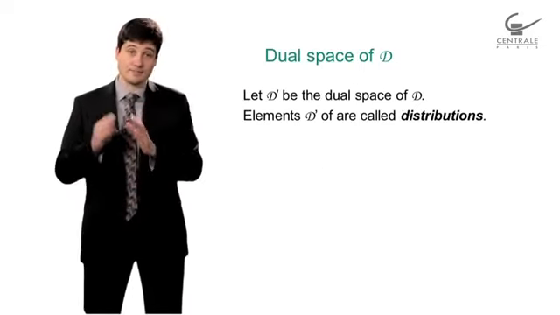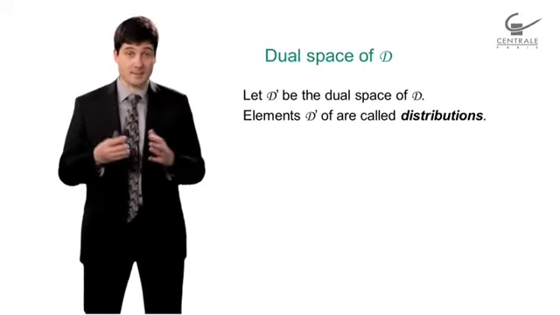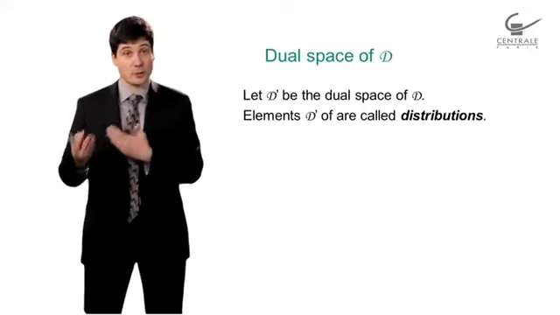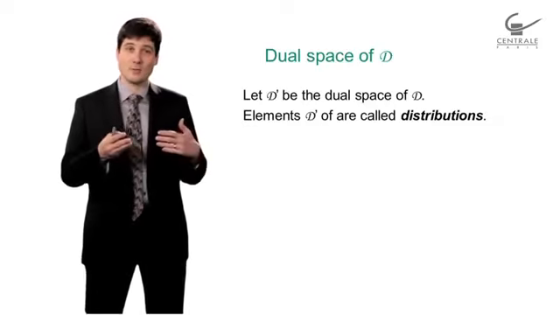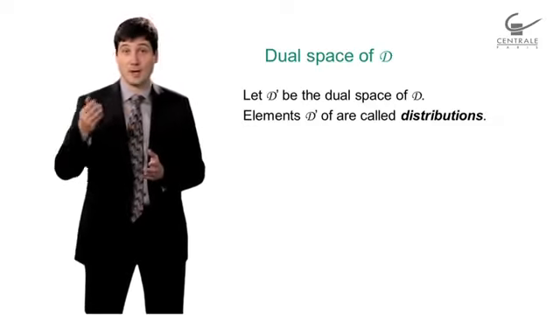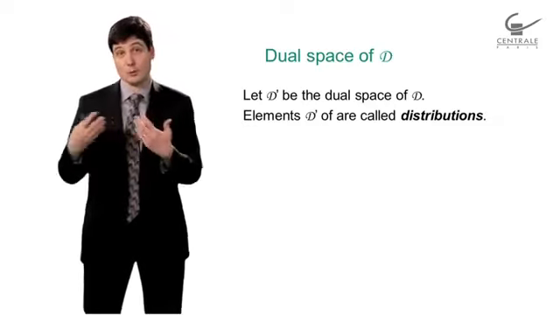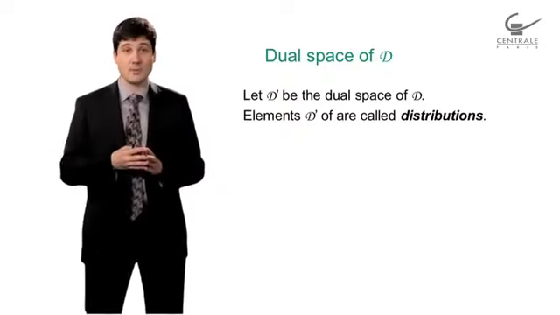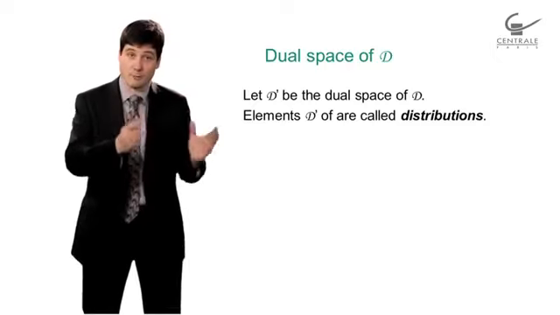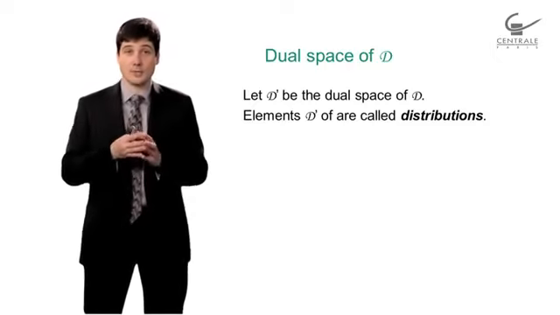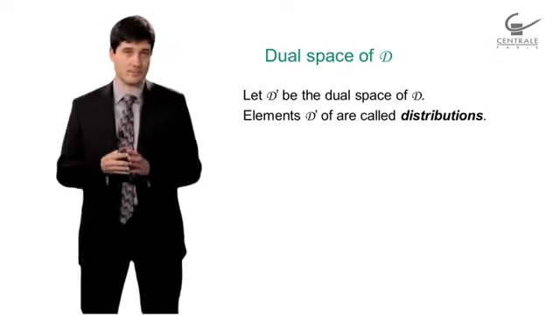Now, this set D has a dual space that we could note D star, but in very many French books, it is written or was written D prime, prime being the notation for dual space. Now, this dual space, D star or D prime, and from now on it will be D prime, is called the set of distributions.